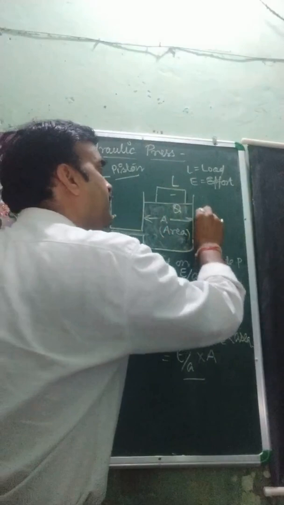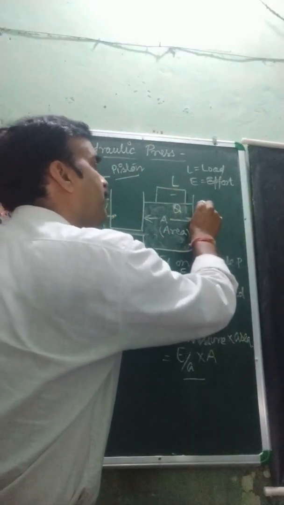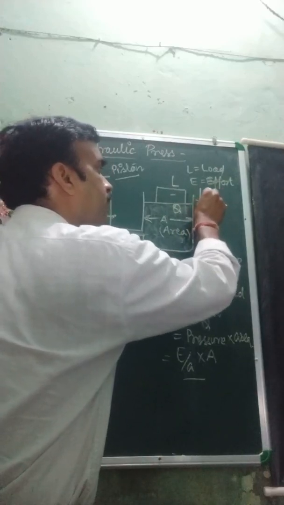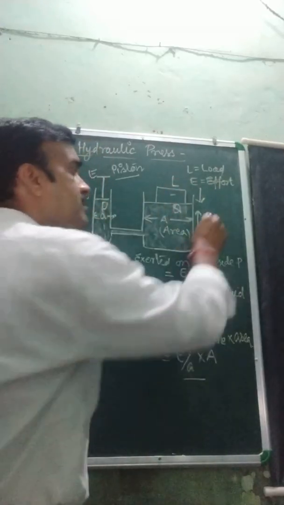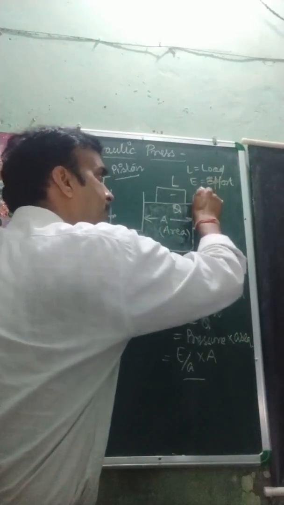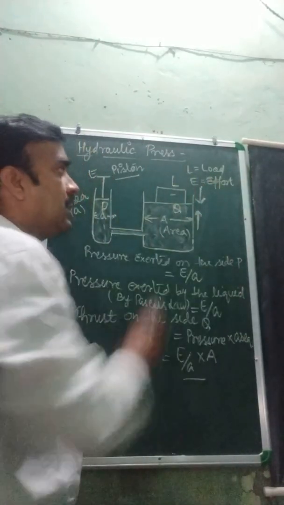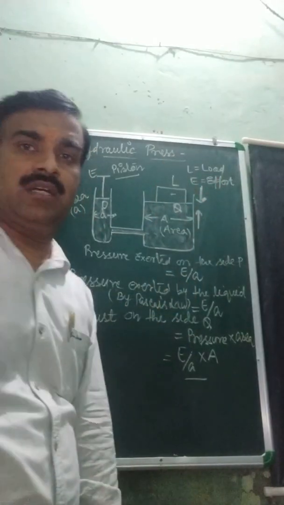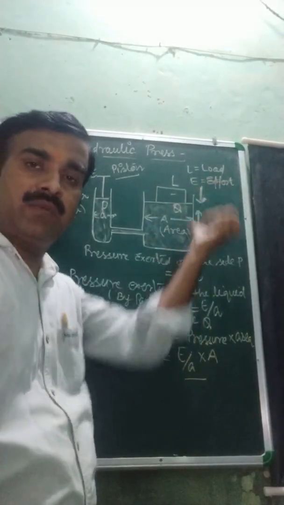So this force, the thrust, is acting here and the load is balancing it, acting in the downward direction. That means both will be equal to each other if the body is in equilibrium.